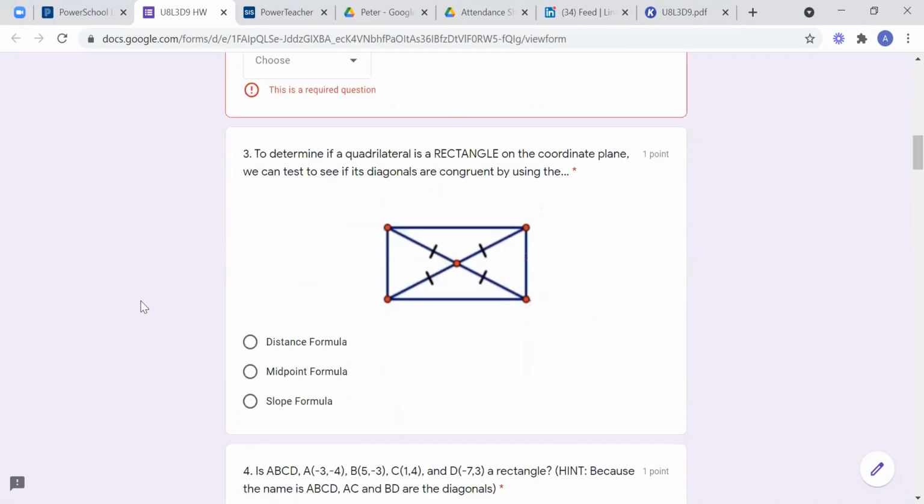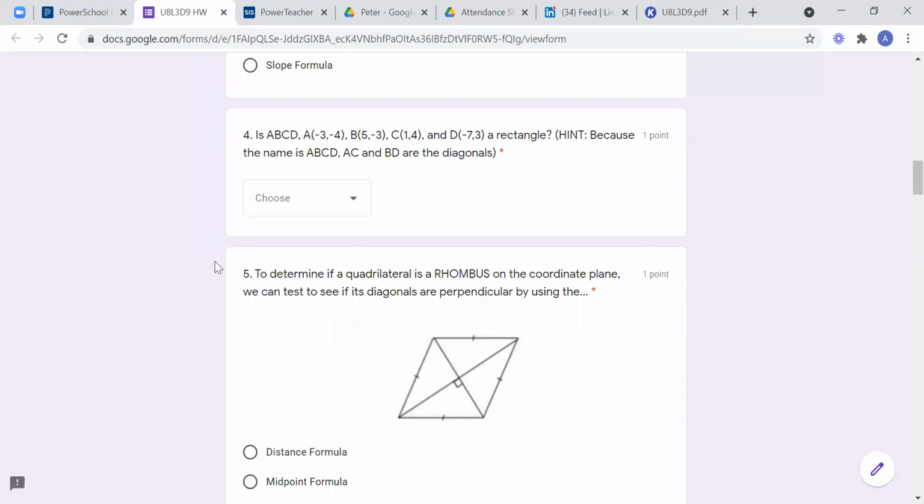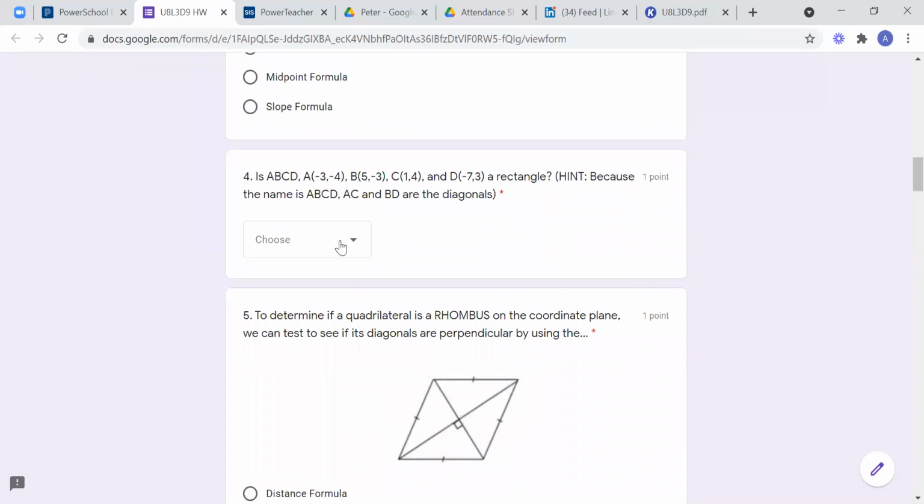And then the next one, to determine if it's a rectangle, just do what? The distance formula, okay? Use the distance formula to look at the diagonals. Here you need to draw this shape virtually to see what it's talking about. If this is your coordinate plane, A is at -3, -4, so A is going to be here.